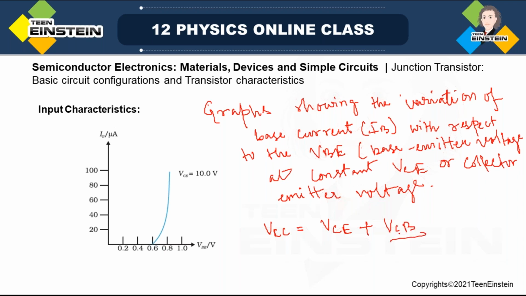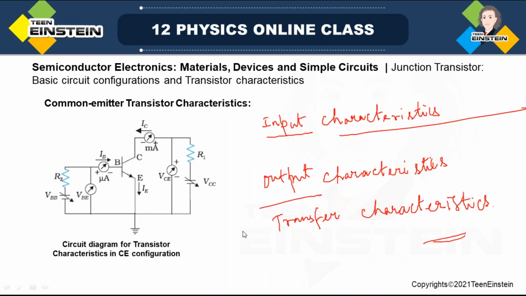Or if I write VCE alone, this will be equal to VCB plus VBE. I'll show you why. See, VCE is the total voltage across this junction. Okay, concentrate on this.